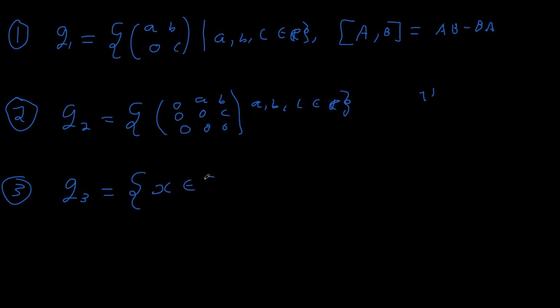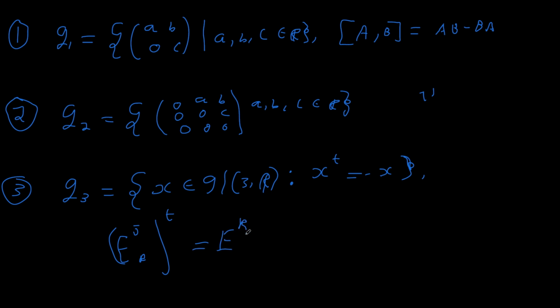We want all of the GL_3, and just to be very clear, GL_3(R), so over the field R, matrices such that the transpose is equal to negative X. Of course this has the same Lie bracket as before, and just to be very clear, E_jk transpose in this case is going to be E_kj. So using that definition, I would like you to prove that this is in fact a Lie algebra.